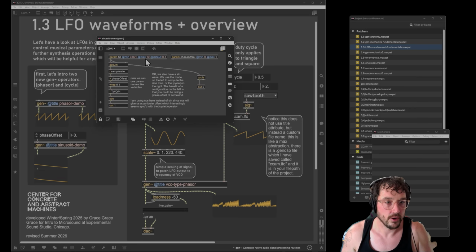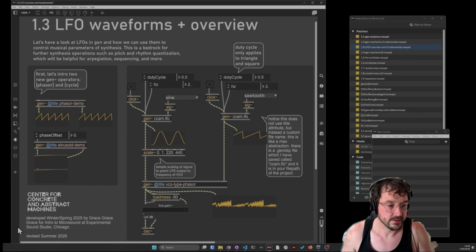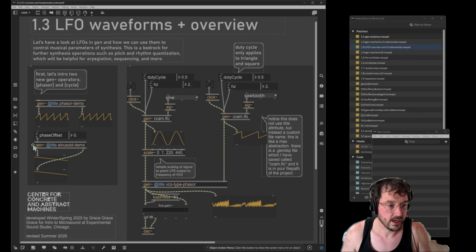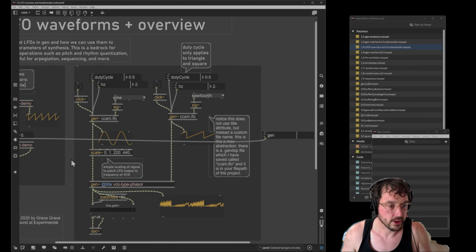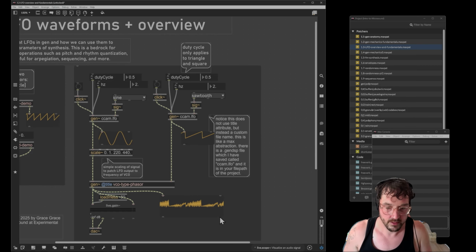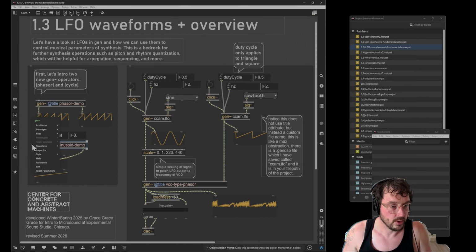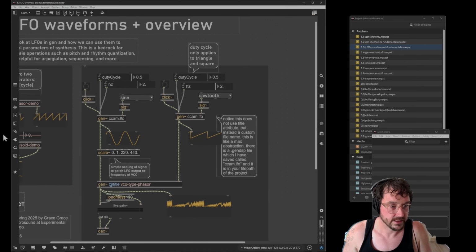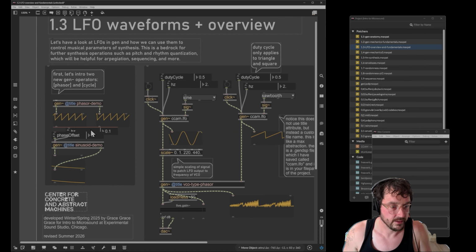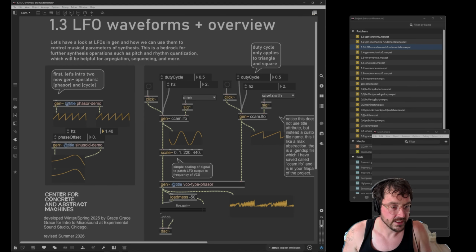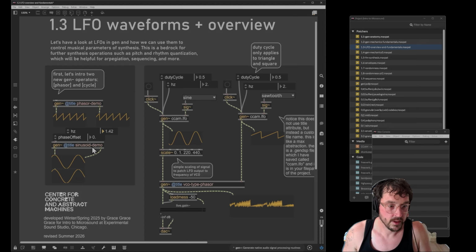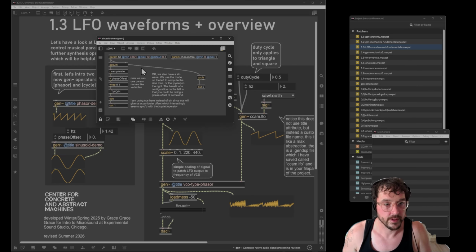We have hertz. This time it's parameterized. We can modulate this from the exterior of our Gen patcher. We can change the hertz, and that will change the speed of the oscillation, or the frequency rather.